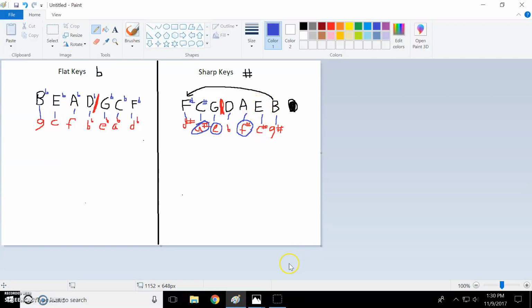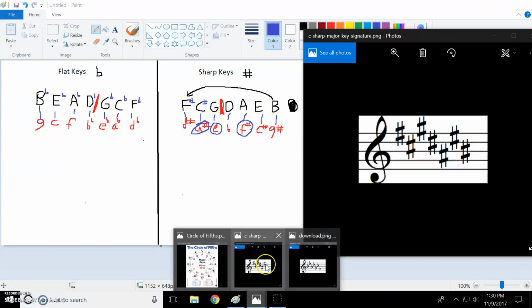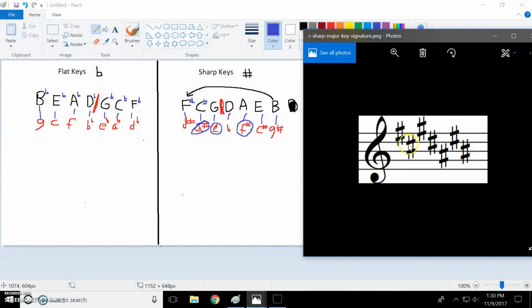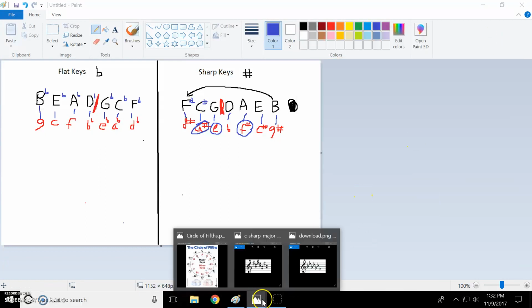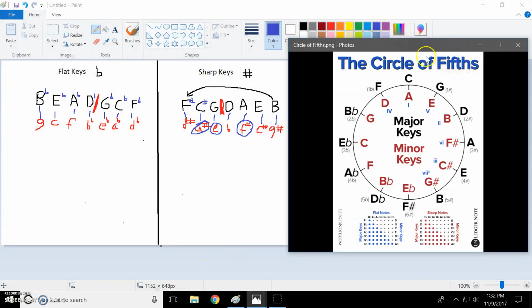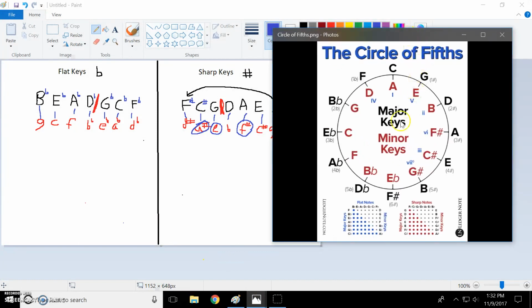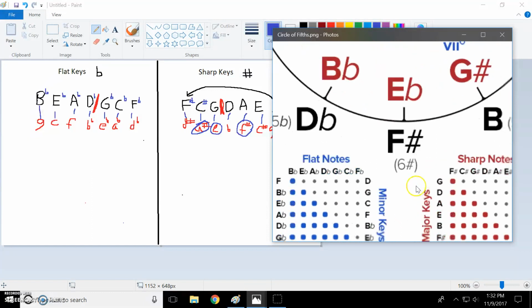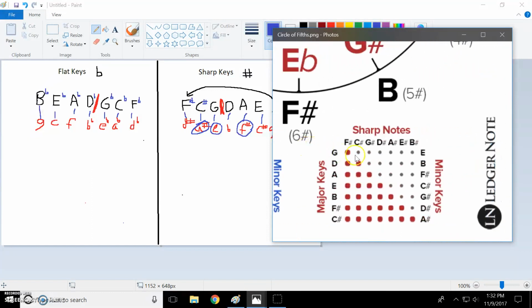Now, bear in mind that this does not change the order of the sharps. In C sharp minor, you are still going to have these 4 sharps: F sharp, C sharp, G sharp, and D sharp. I also have a little graph here that I showed earlier, but if we zoom in on the bottom, then we can look here.